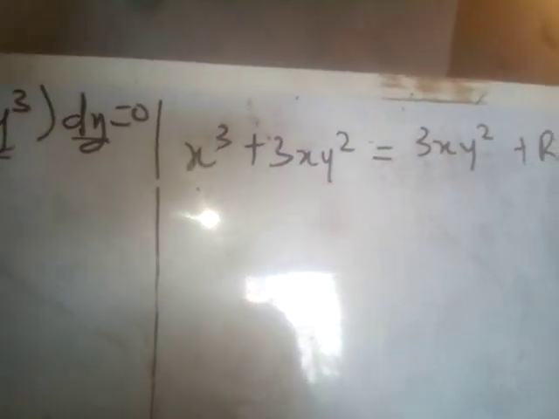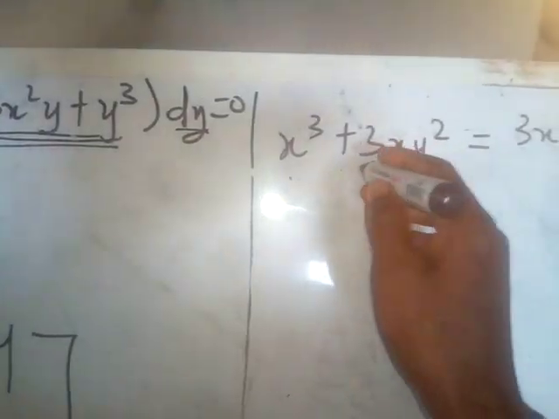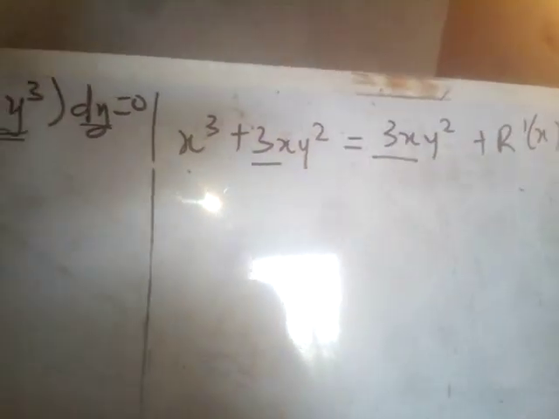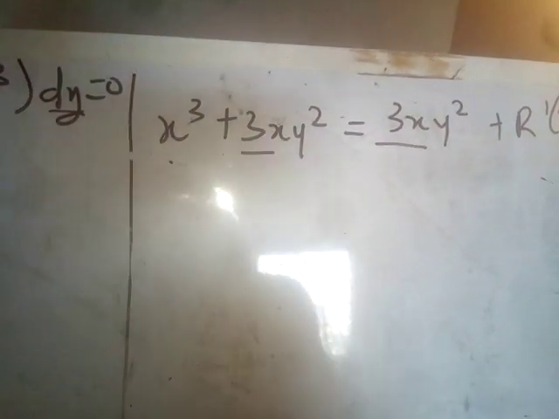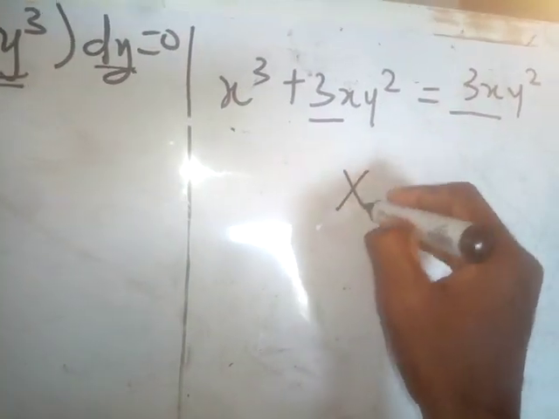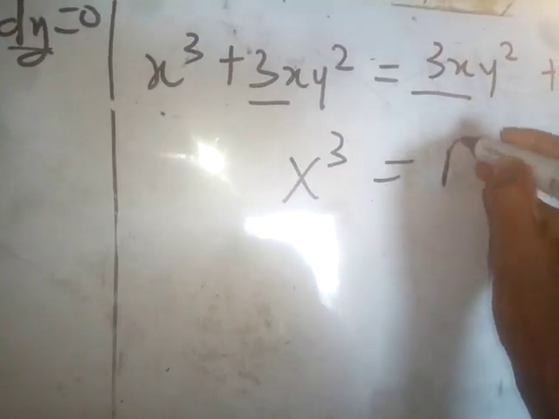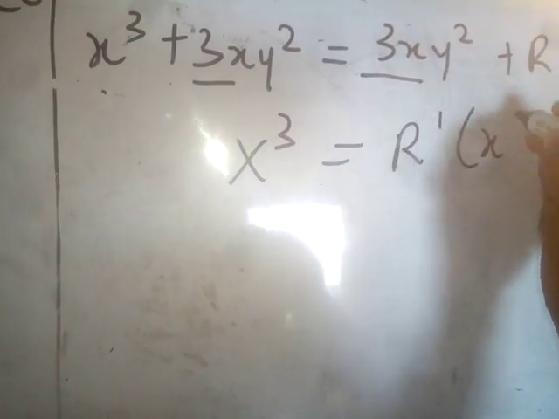At this level, you realize that this and this are equal, so they cancel each other. Then we will be left with x cubed as against r prime of x.